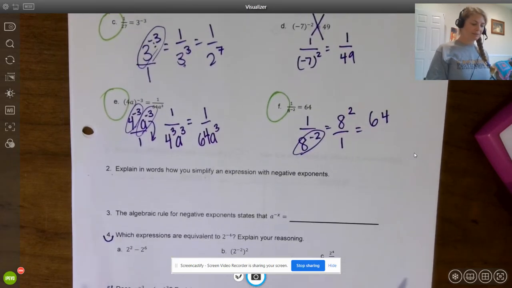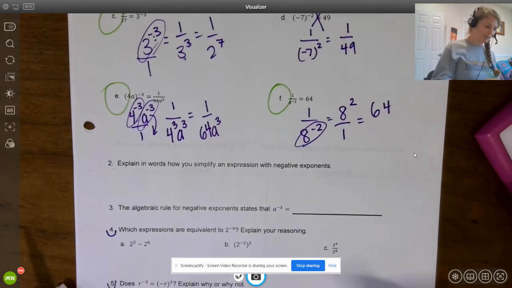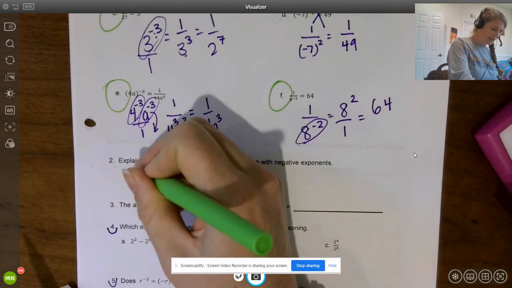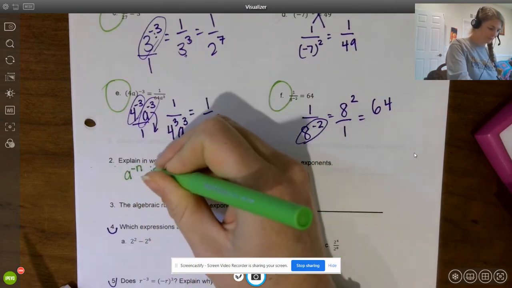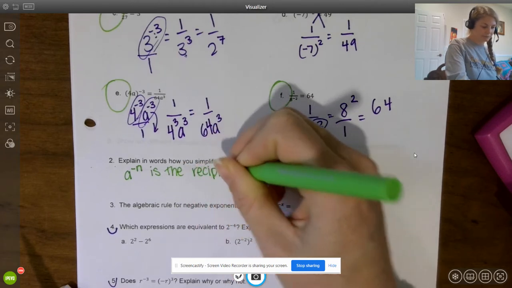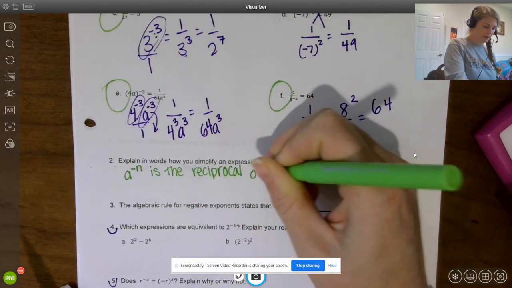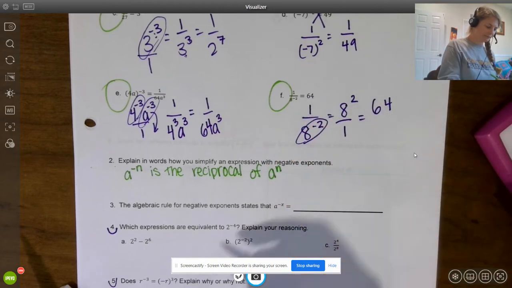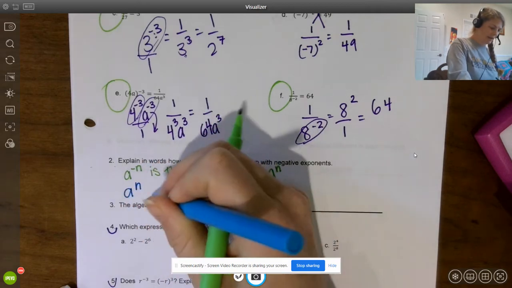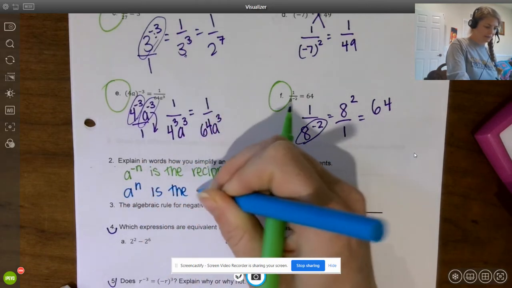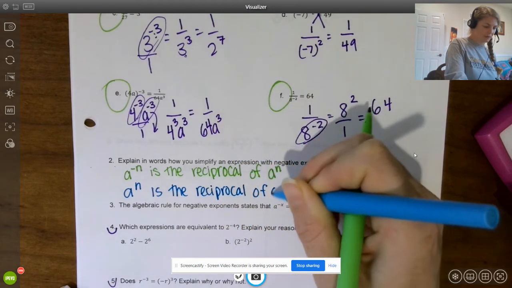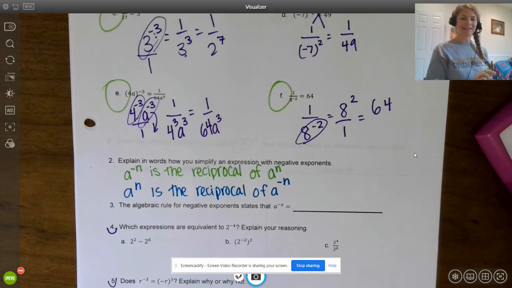So explain in words how to simplify an expression with a negative exponent. So let's get pretty mathy here. A to the negative n is the reciprocal of a to the positive n, and a to the n is the reciprocal of a to the negative n. And you're like, well, what does that mean?